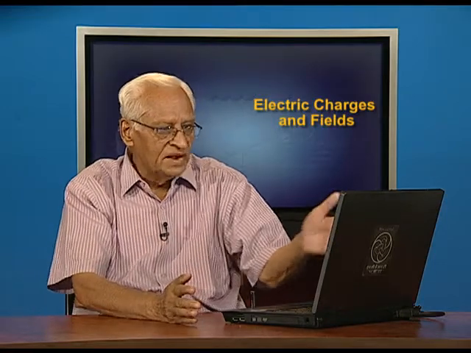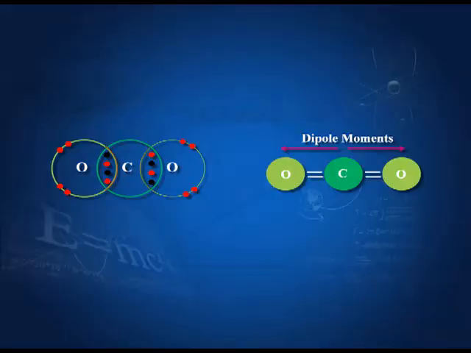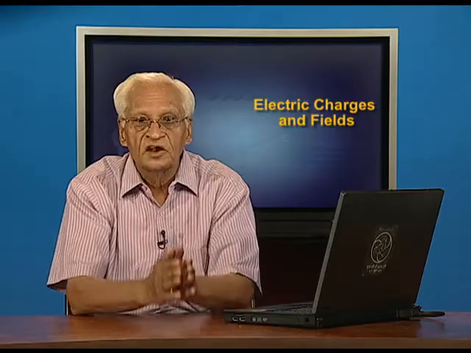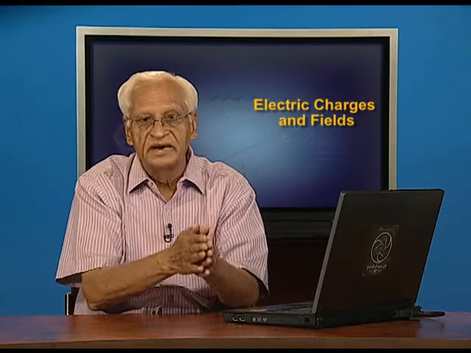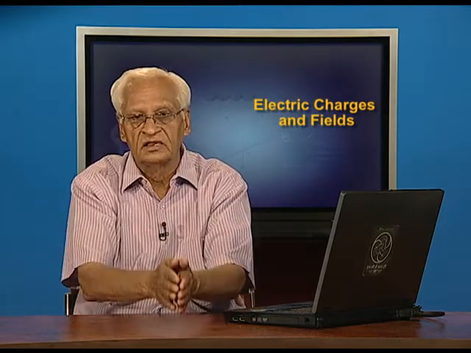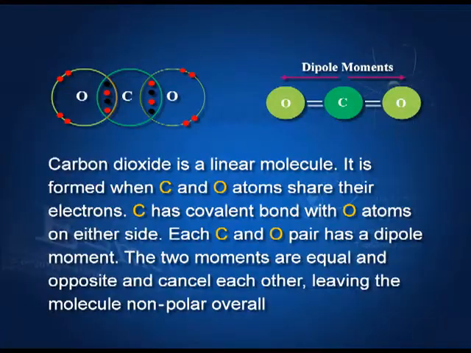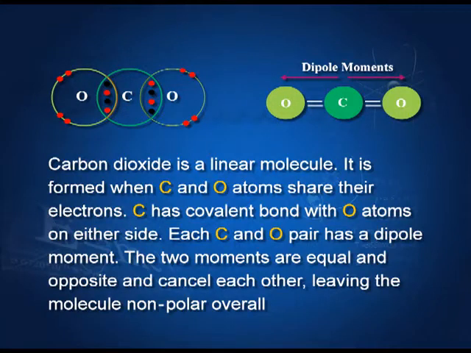They are so placed that the forces between charges on this side and on this side cancel, and therefore there is no displacement of charges from one another, and therefore this molecule is not a polar molecule, and the dipole moments cancel. The dipole moments are in opposite directions, equal in magnitude, and therefore they cancel. This is a non-polar molecule.